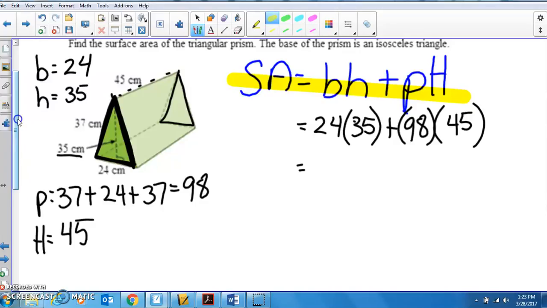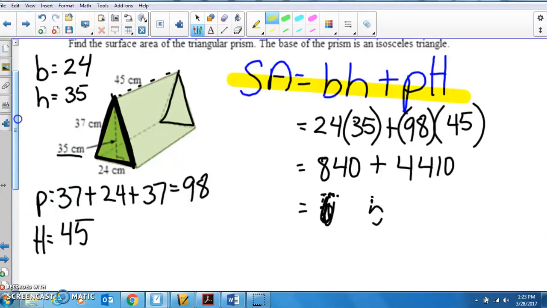So I'm going to multiply 24 and 35. And that gives you 840. And then we're going to add 98 times 45. And that gives you 4,410. You can double check that. And then I'm going to add those together. So 4,410 plus 840 gives you 5,000.